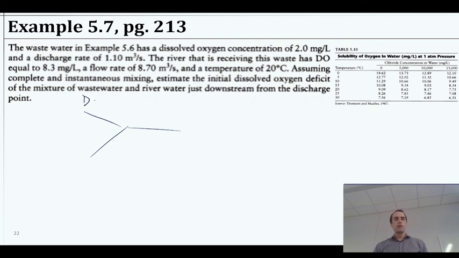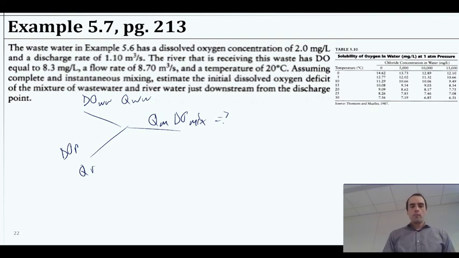So this would be a dissolved oxygen in the wastewater with some flow of wastewater, DO in the river with some river flow, and then we have some Q mixed and a DO mixed, right? And that's kind of what we're looking at. So that one's pretty straightforward. Feel free to solve that on your own.